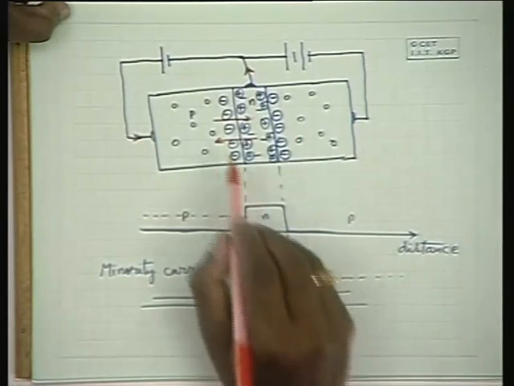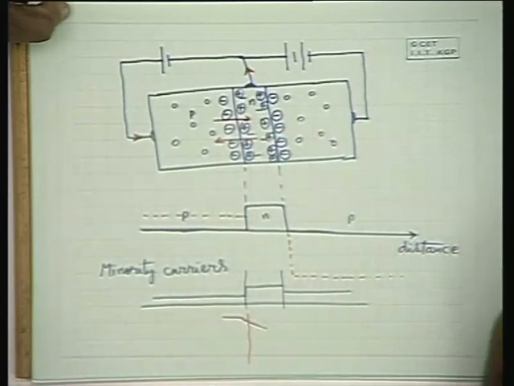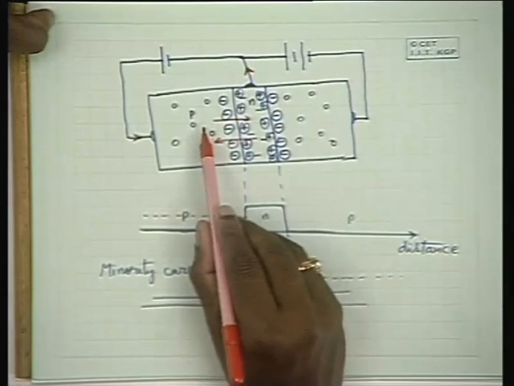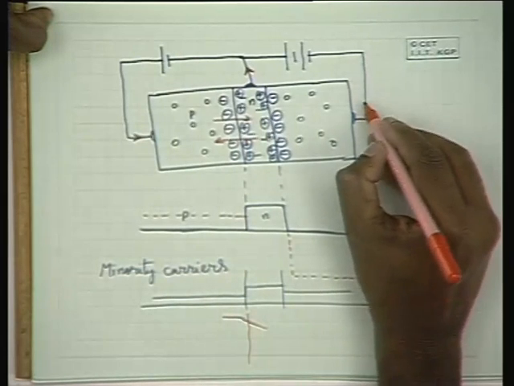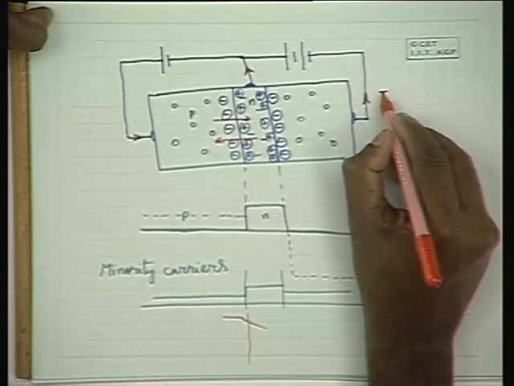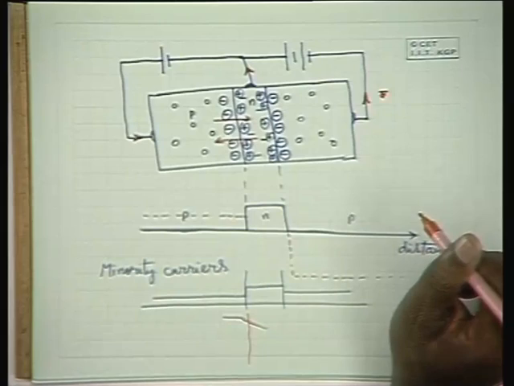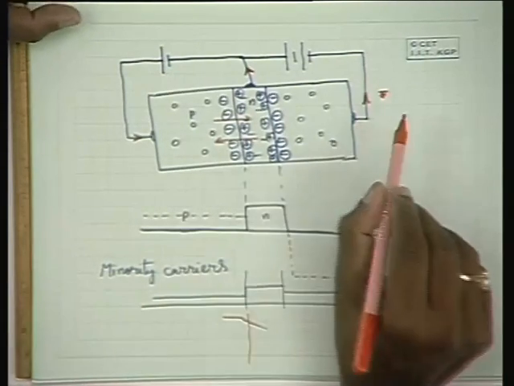So the diffused holes are drifted into the collector, a huge amount of it, maybe 98%, or 99%, or 95% of it. The diffused current passes to the collector, so it appears like some collector current in this direction. So this is what happens with the holes.